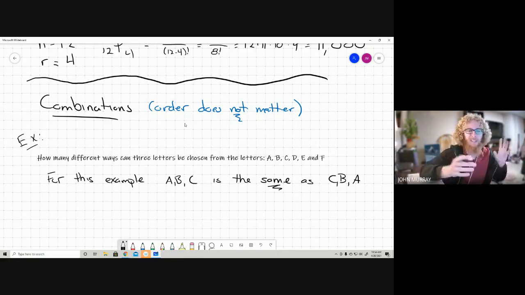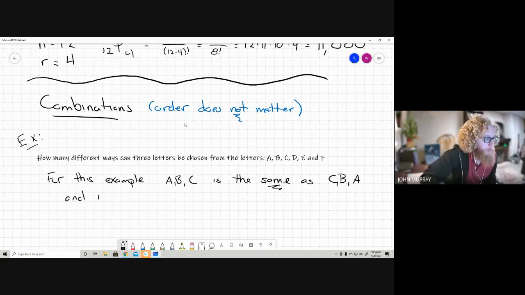I picked those 3 letters. That's the same outcome. Again, it doesn't matter which one's first. And any other combination that I can think of, so BCA. All it's asking me is to choose 3 letters. It's a little hard to conceptualize like that. So once you get over that, then you're set with this.